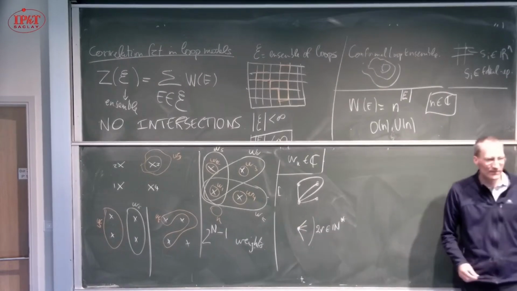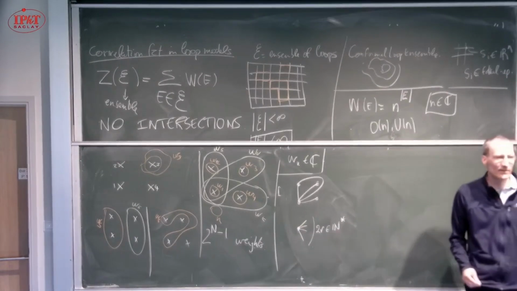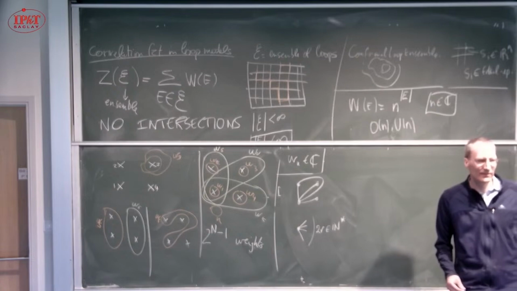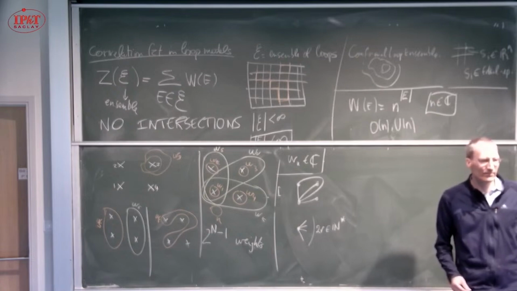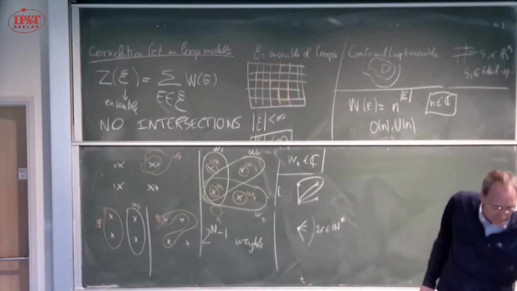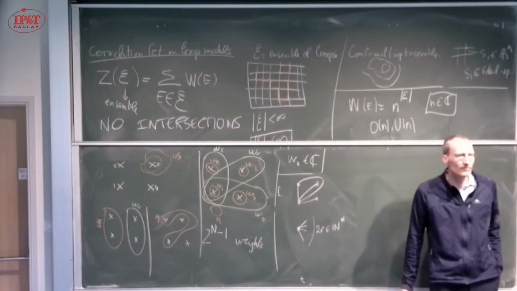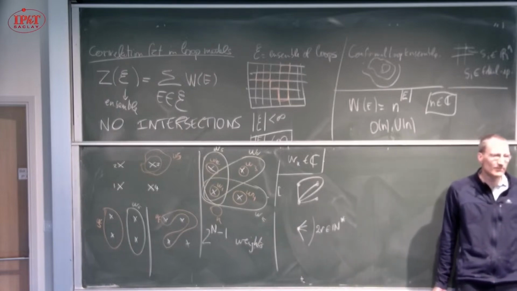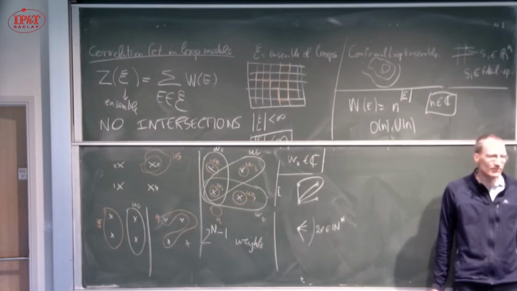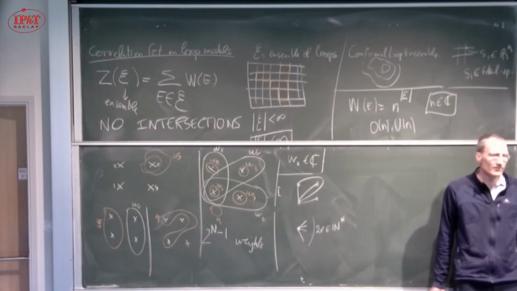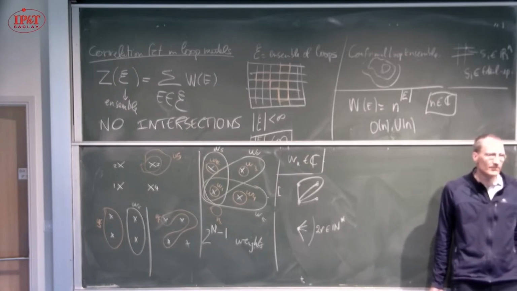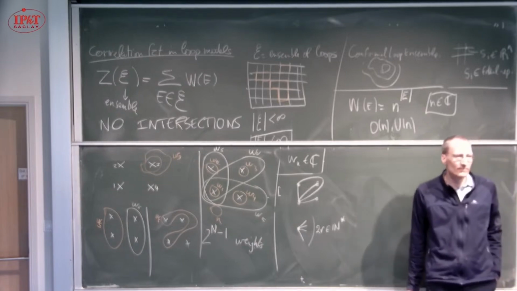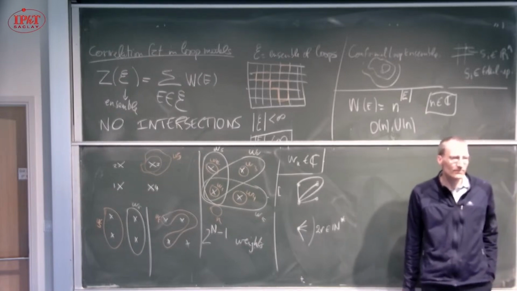Okay. Yes. Sorry. So if we start from the lattice model and we relax some of the assumptions, like no intersections, or we give different weights to topologically different loops around the insertions, does this mean that when we go to the critical temperature, what happens?